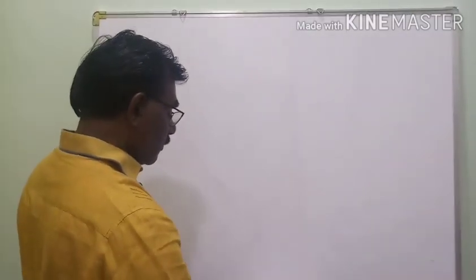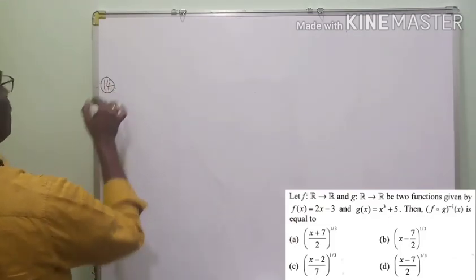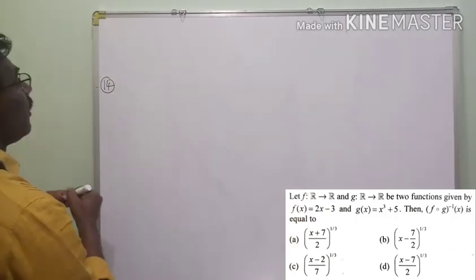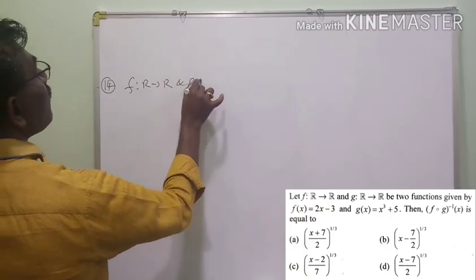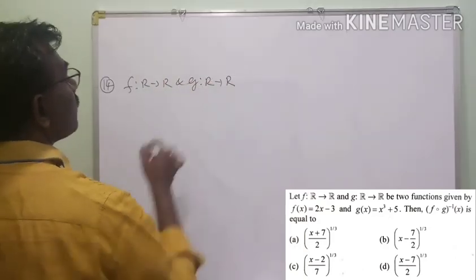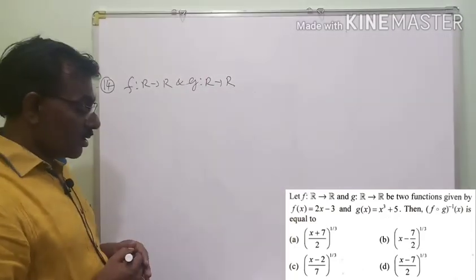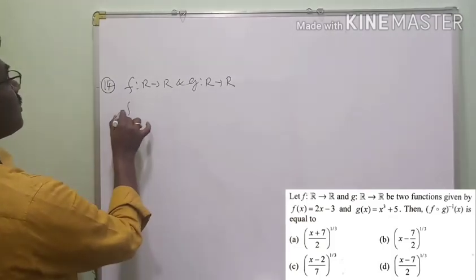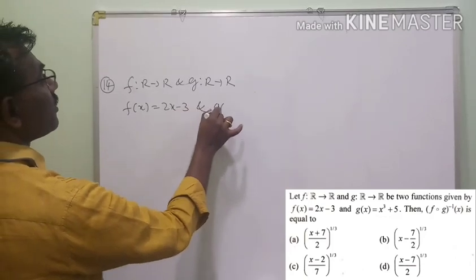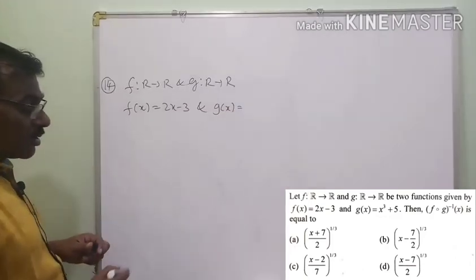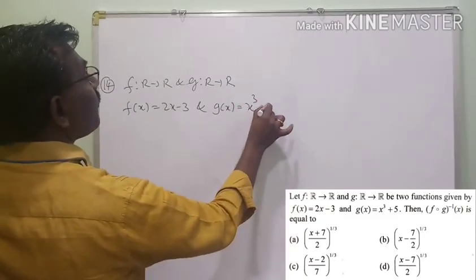Next, 14th problem. Let f from R to R and g from R to R, both real to real, be two functions given by f of x is 2x minus 3 and g of x is x cube plus 5.